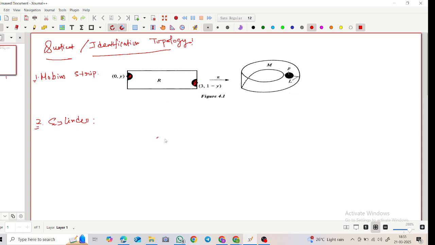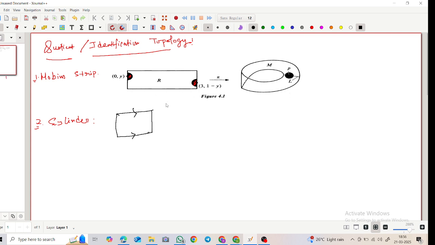Now what about the cylinder? Or maybe I should use the usual notation. By the same arrow we mean these two will be glued.